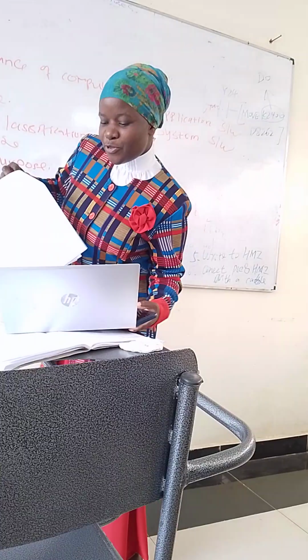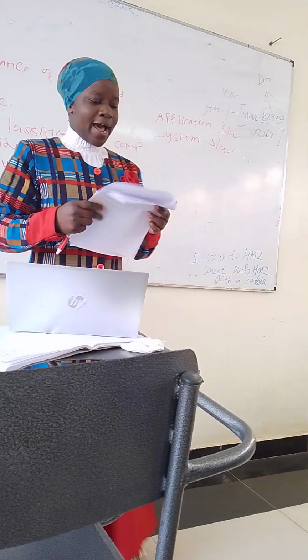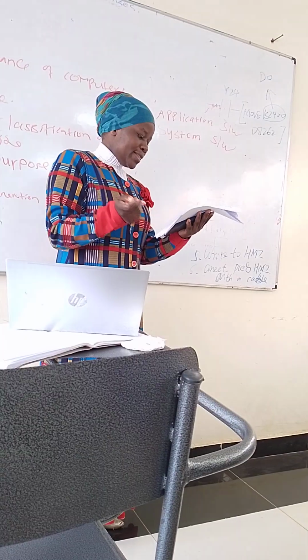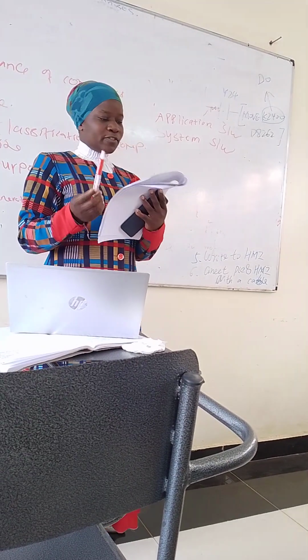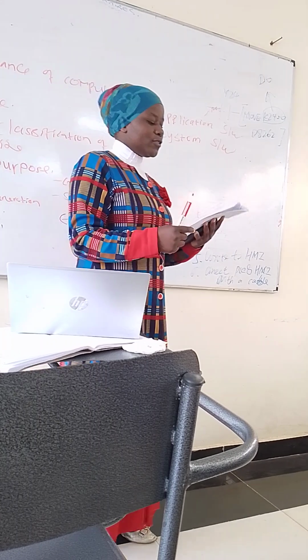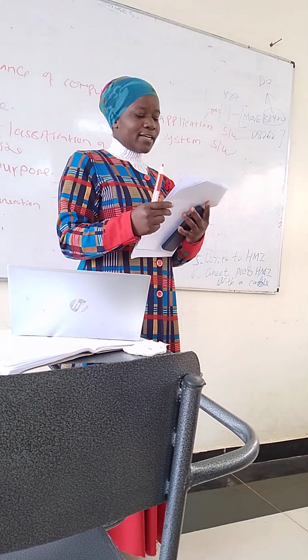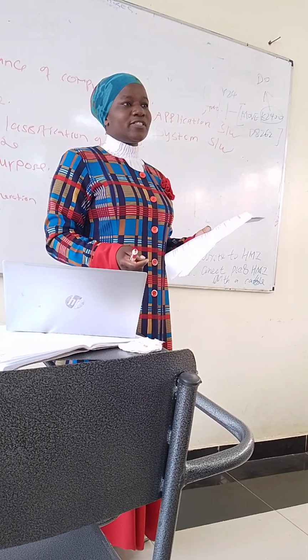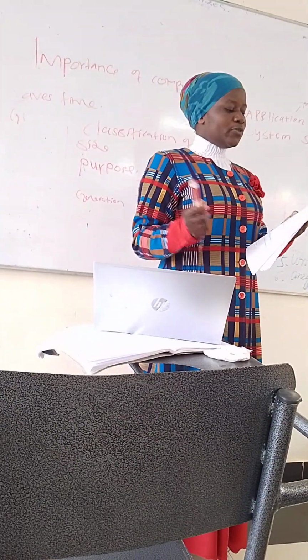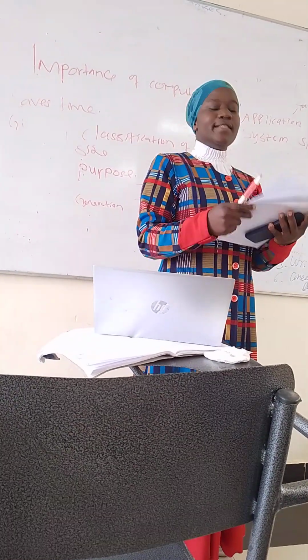Yes. Let me read for you those who are writing of the types of software. Let me first define the term software. Software is a set of programs, instructions, or data that tells the hardware what to do, and we have discussed that.